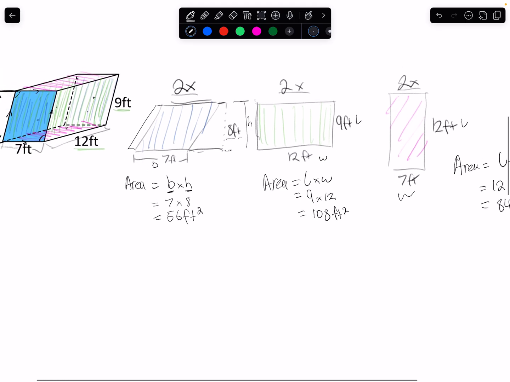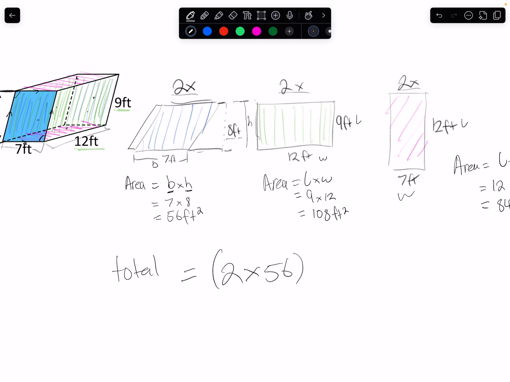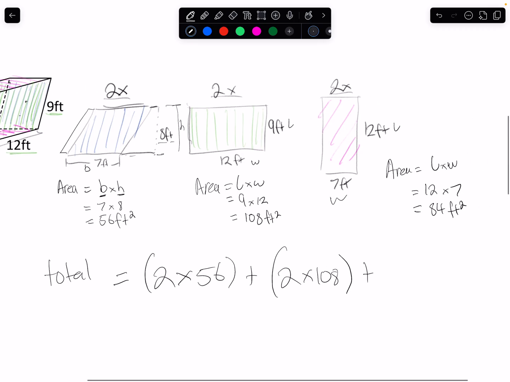Now, let's total it all, okay? Remember, we have 2 of each, so our total is equal to 2 times 56 plus 2 times 108 plus not just 84, but 2 times 84. All right.